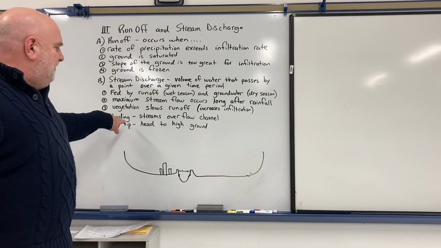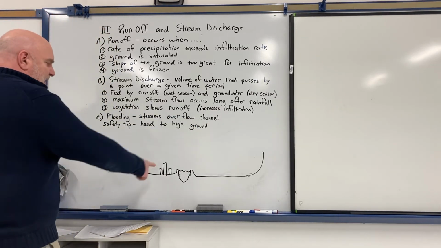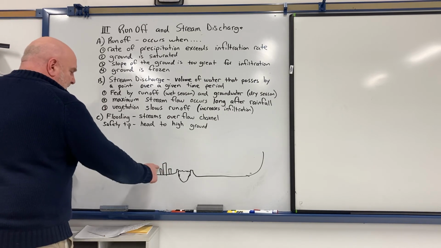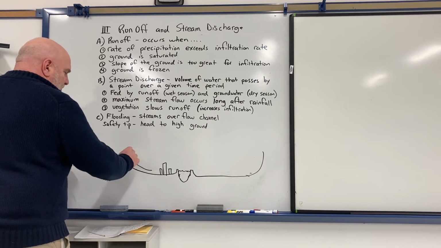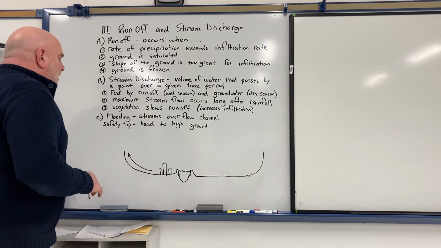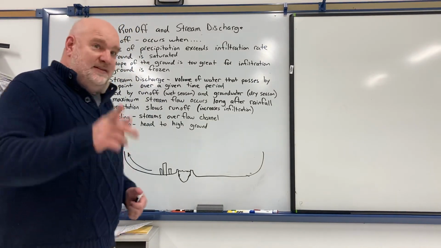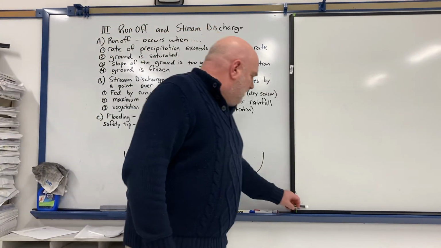The safety tip is you head to high ground. So if these guys had a flood warning right there, they'd want to go up there, higher up, away from the water. So the safety tip for floods is head to high ground. That tip may save your life someday.